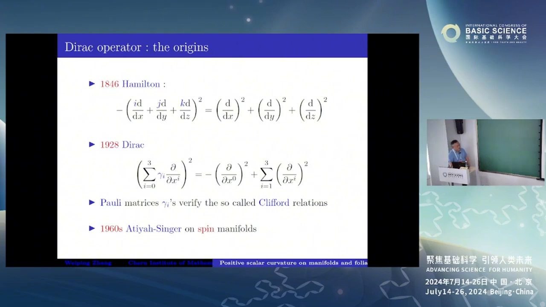Then many years later, Atiyah and Singer generalized Dirac's construction to curved, higher dimensional manifolds. They found that it can be well defined on a spin manifold, which is a topological restriction on the manifold. So many people also call this operator the Atiyah-Singer operator.